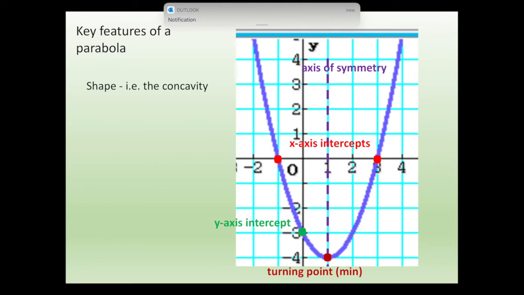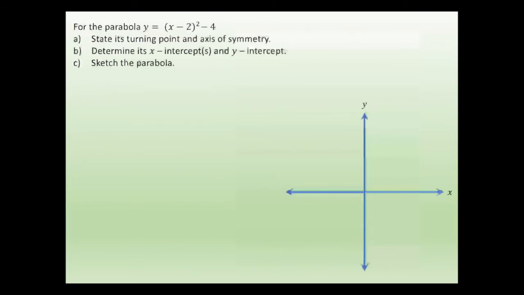Here you can see that you need the axis of symmetry, the x-axis intercepts or the roots, the y-intercept, and the turning point. With all this information, you should be ready to sketch a parabola. Right, let's now do some examples.